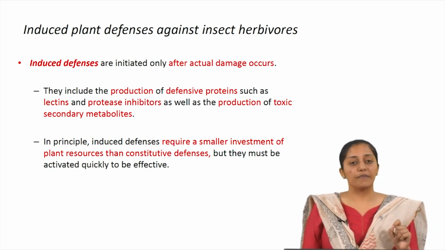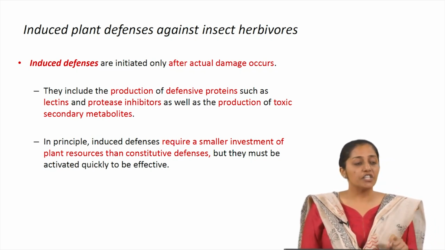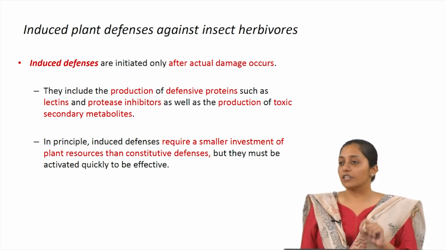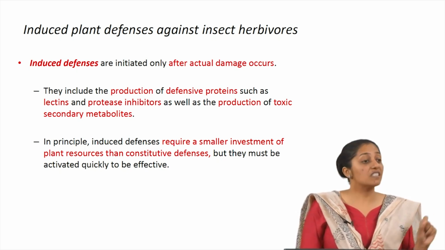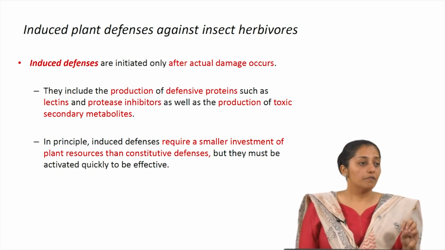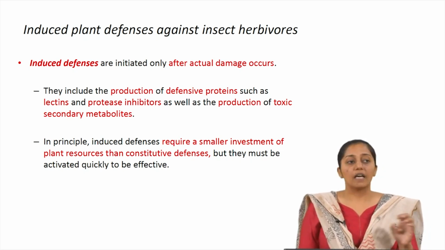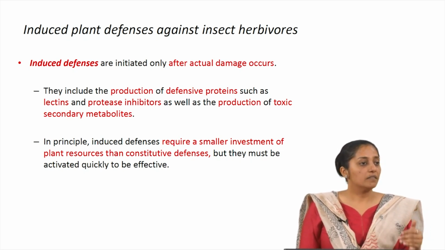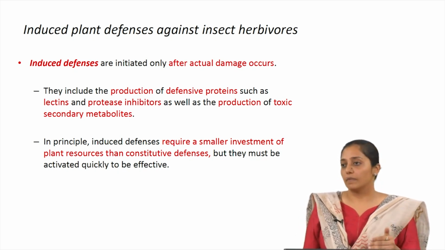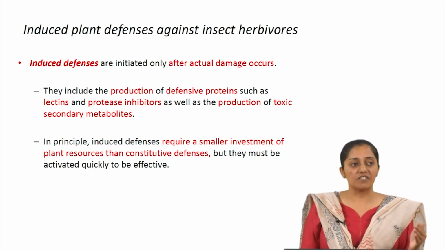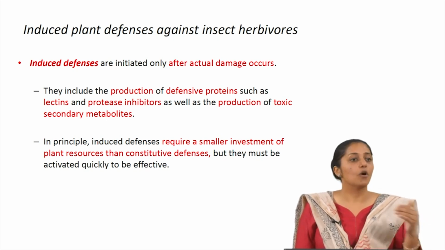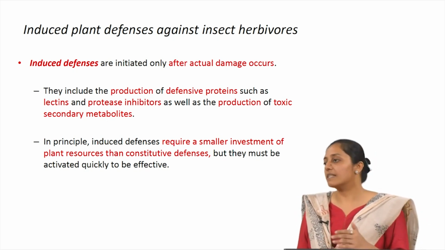Now, induced defense, on the other hand, is initiated only after the actual damage has occurred, which means de novo synthesis happens. The proteins required to produce these compounds are not present, but are obtained de novo, which means transcription and translation begin only after the damage has happened.